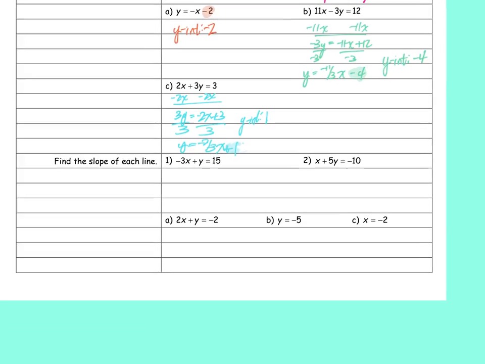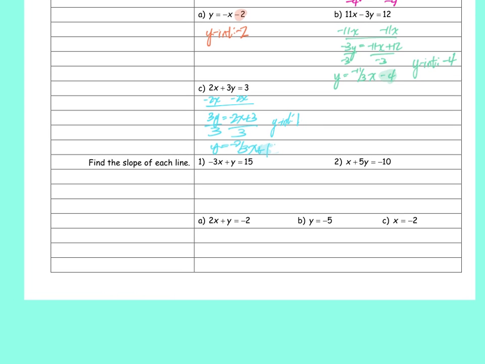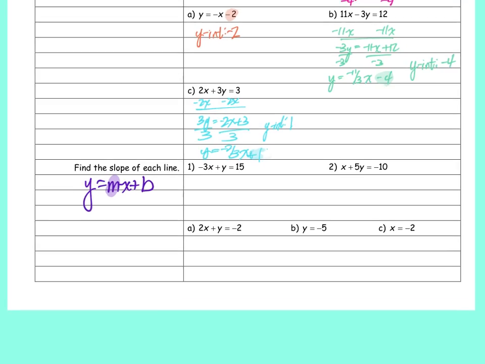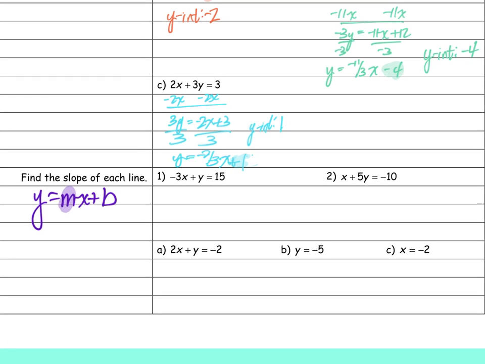The next one wants us to find the slope of the line. Okay, great. Again, y equals mx plus b. This time, I'm looking for the m, the number with x. So, again, I have to get the y by itself. So I'm going to add 3x.